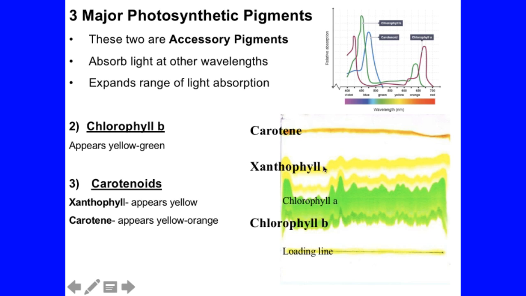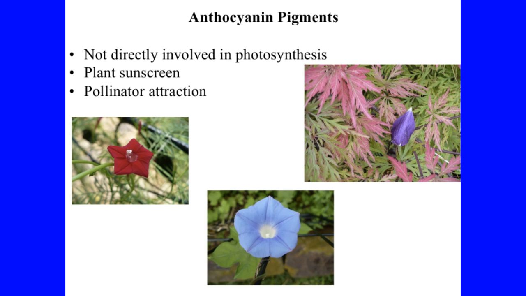Xanthophylls appear very yellow. And chlorophyll B appears yellowish green. But the most common one, the major photosynthetic pigment, remember, is chlorophyll A.